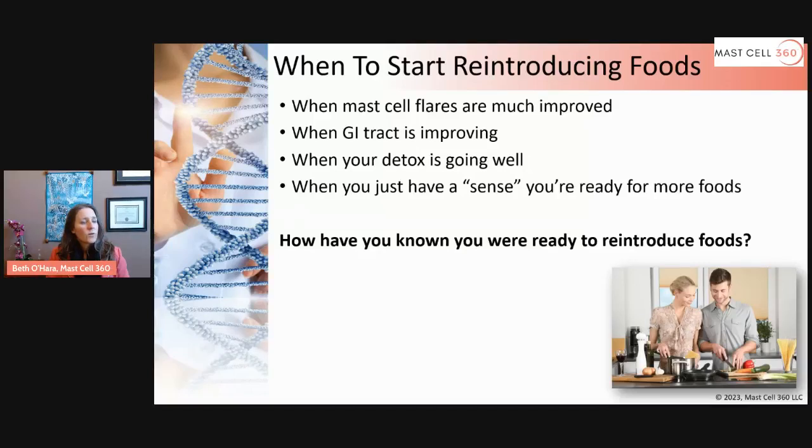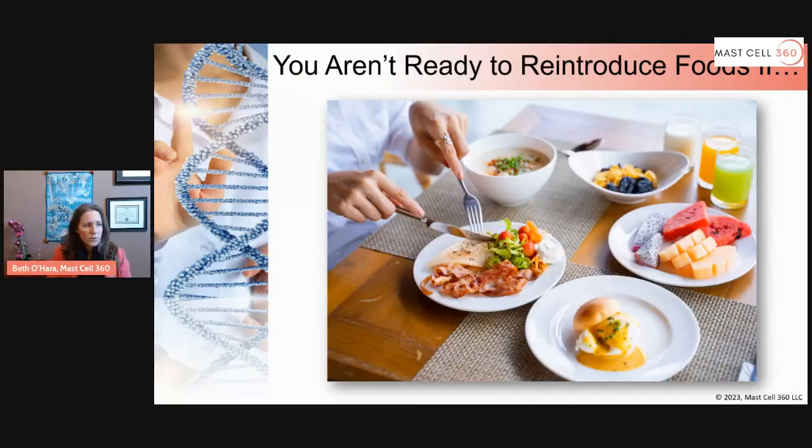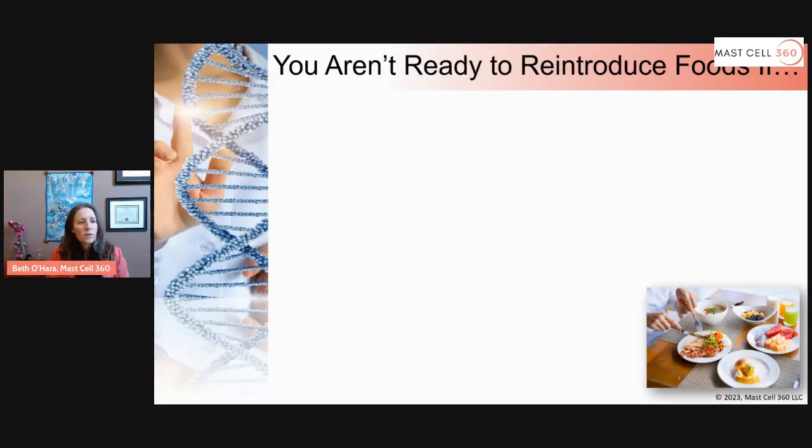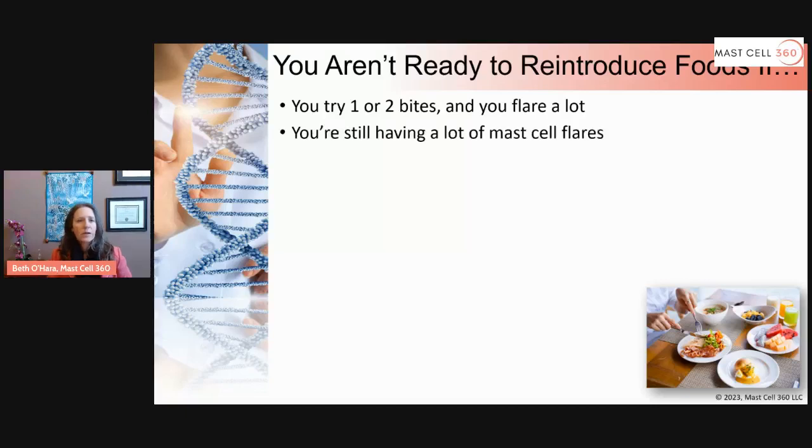Now, how do you know if you're not ready to reintroduce foods? Let's talk about that. If you try 1 or 2 bites of a new food and you're just really flaring a lot, you have a lot of mast cell flares in general, and it's hard to tell what's happening. If you have a significant amount of nervous system dysregulation, that's going to keep you reacting to foods.